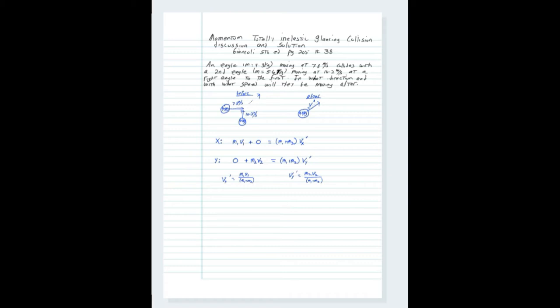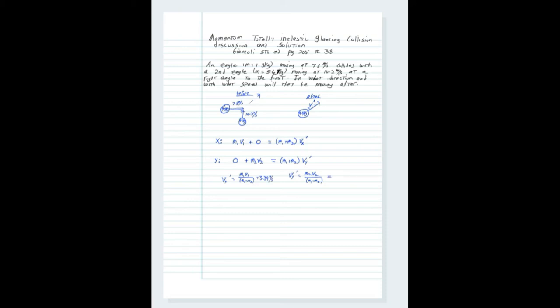For eagle 1, we have 4.3 kilograms times 7.8 meters per second. And we're going to divide that by the total mass, which was 9.9 kilograms. And I get 3.39 meters per second in the x direction.